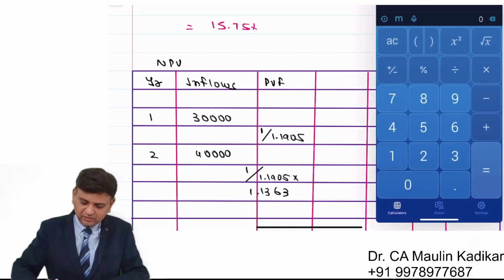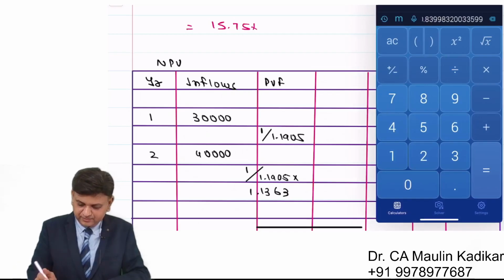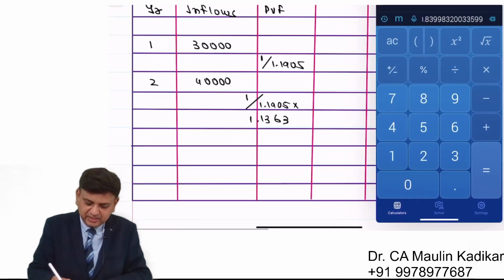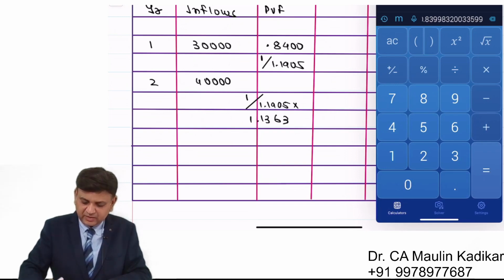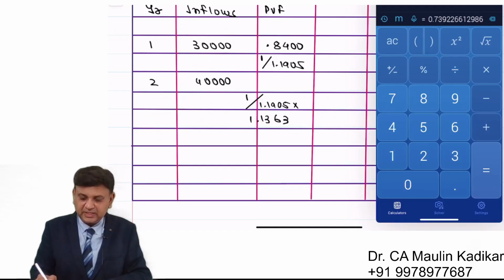So use your calculator. 1 divided by 1.1905. So it is 0.8399, that is 84 paise. Now 1 divided by 1.1905 divided by 1.1363, that is 0.7392.